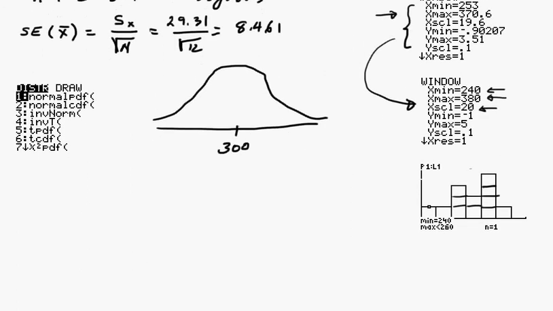Okay, so if that's the case, then I can quickly calculate my t value. So t, with the subscript of 11, is x bar minus mu divided by the standard error of x bar. Wait, my bad. Slow down. I was going too fast. 8.461 is down here.